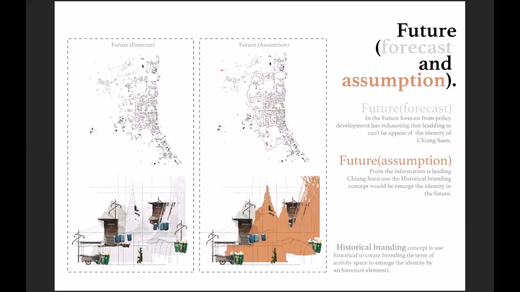The future assumption from this information is that Chiang Saen should use a historical branding concept to immerse the identity in the future. The historical branding concept uses history to create branding in terms of the activity space to immerse the identity by architectural elements.